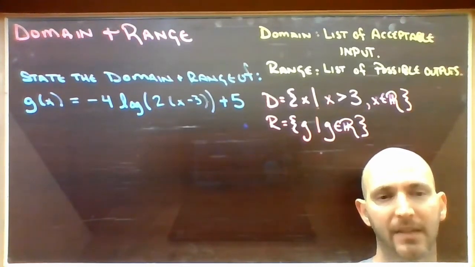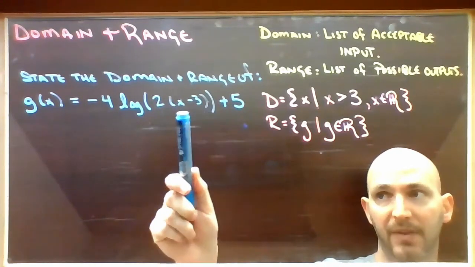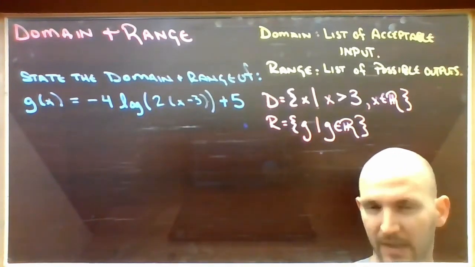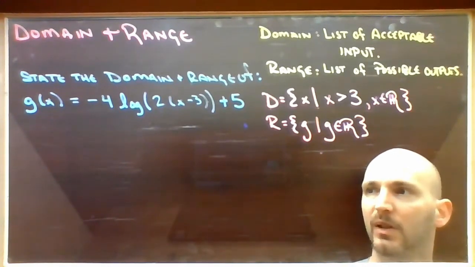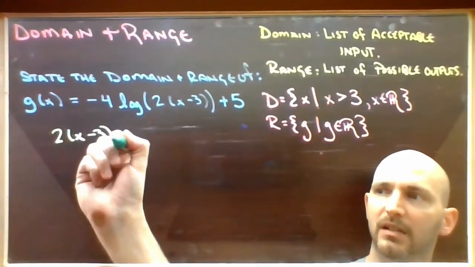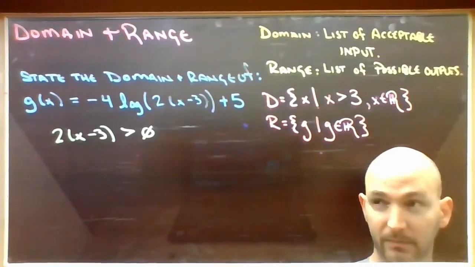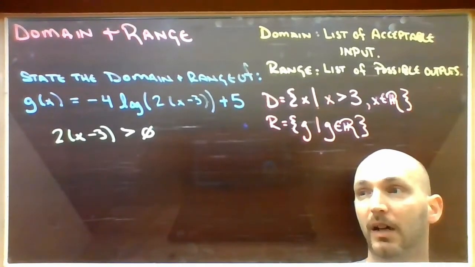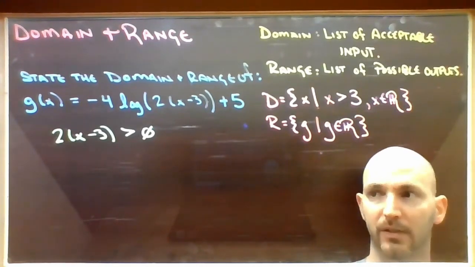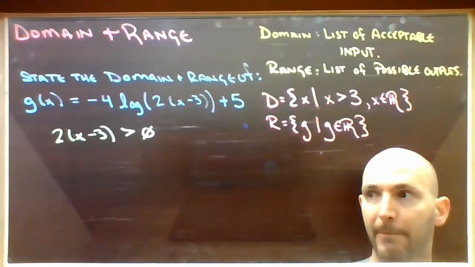As far as the domain is concerned, there's a thing about logarithms where everything in the guts has to be greater than 0. So if I write that down, that 2x minus 3 has to be greater than 0. Because a logarithm can't work on 0. If you try it in your calculator, log 0 is an error, and log of a negative is an error.